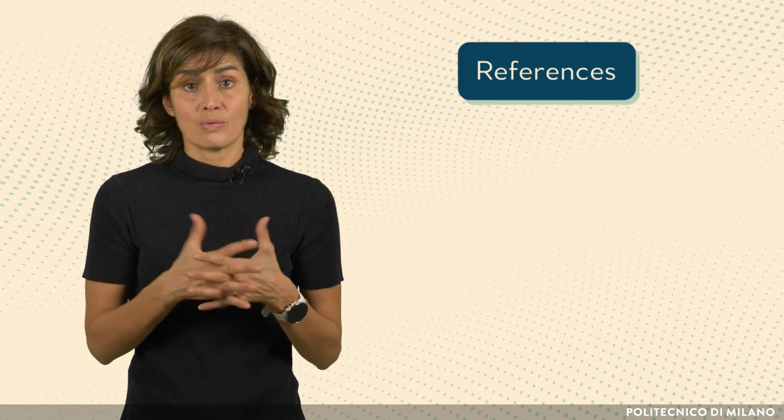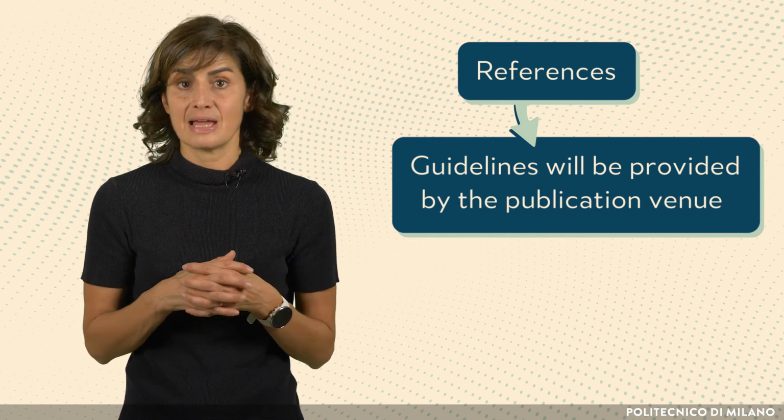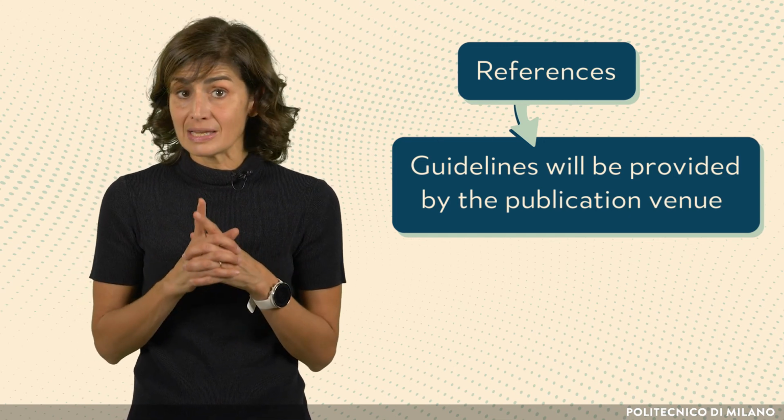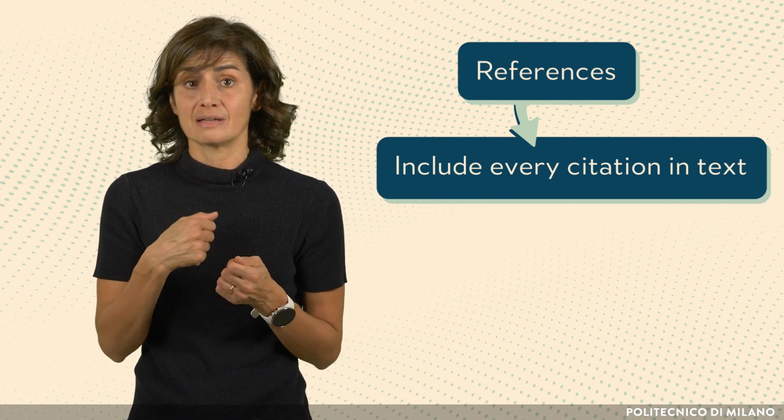Finish up with references. The publication venue will provide guidelines on how to handle them, but usually it's a good idea to include every citation in text and vice versa.